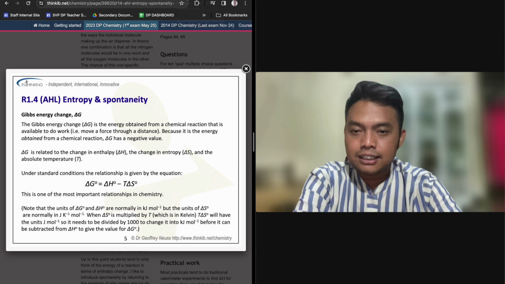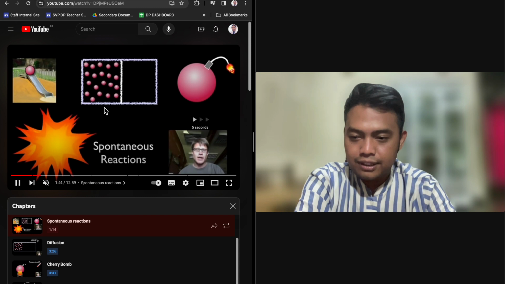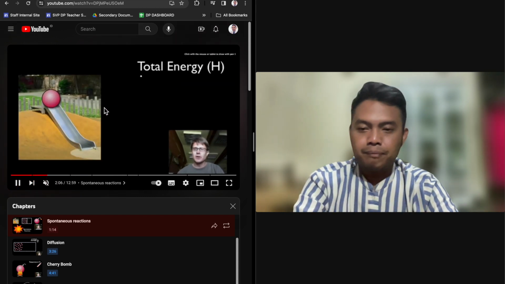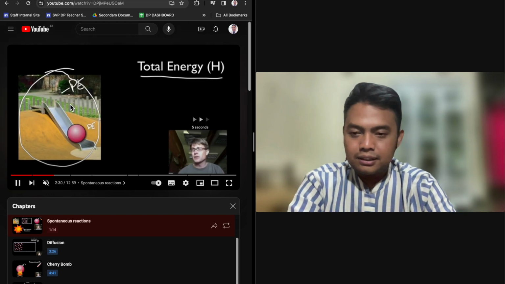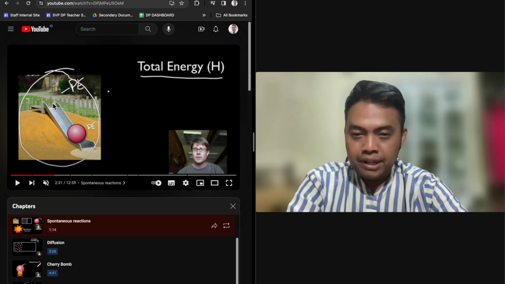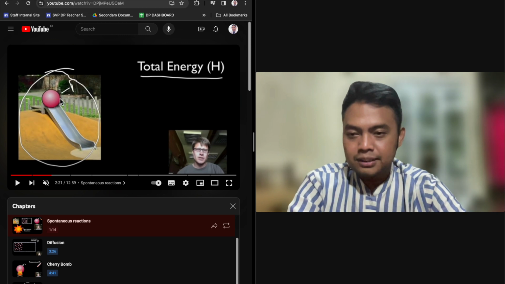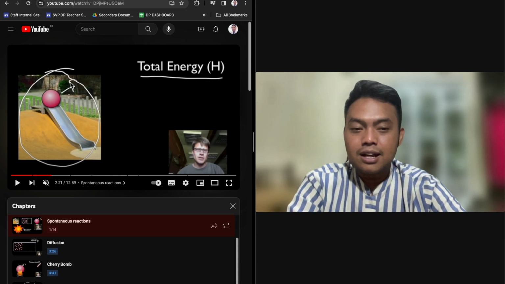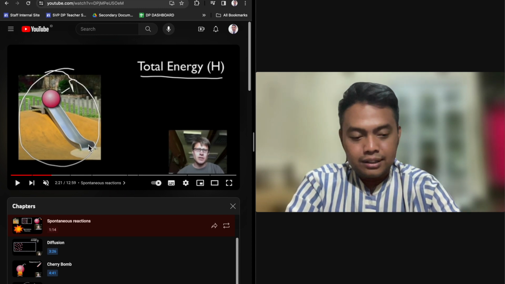So let's see here. So this guy over here. Okay. So again, the ball will just slide down like that, and then what makes that happen, the total energy, if the ball is in this position, the potential gravity will be higher, will be big.